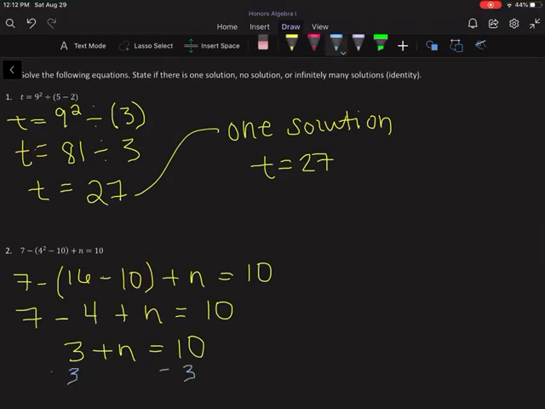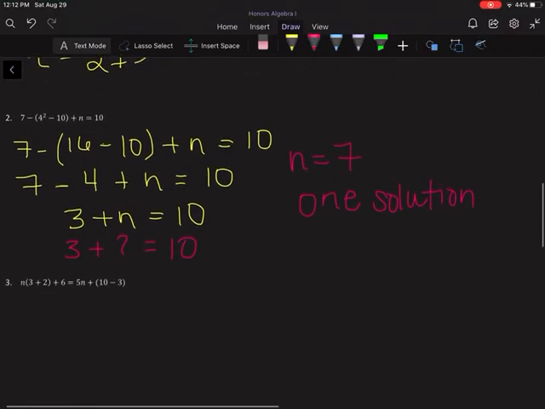And most of you would sit here and subtract the 3, but we'll be doing this next chapter. So in this case, I just ask myself, 3 plus what equals 10? So n is equal to 7, and that's one solution.